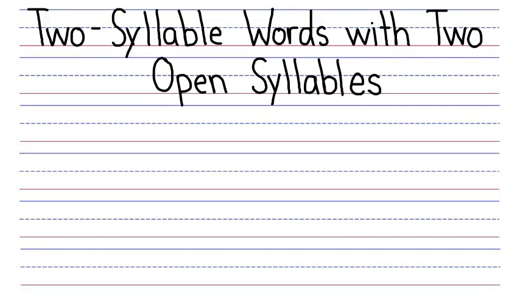Now, let's write two-syllable words with two open syllables. First word, baby, spelled B-A-B-Y. Next word, crazy, spelled C-R-A-Z-Y.